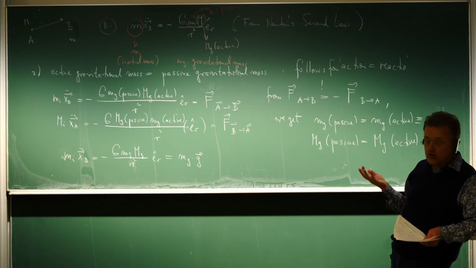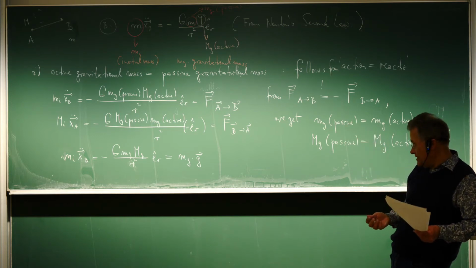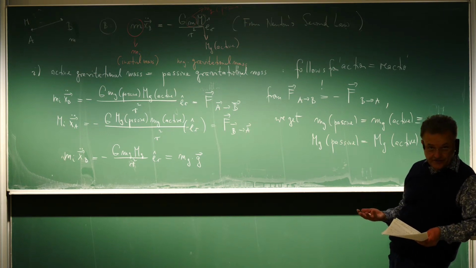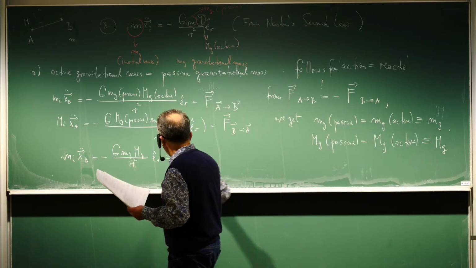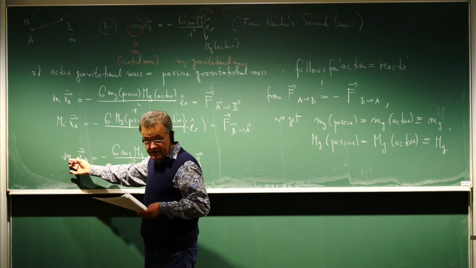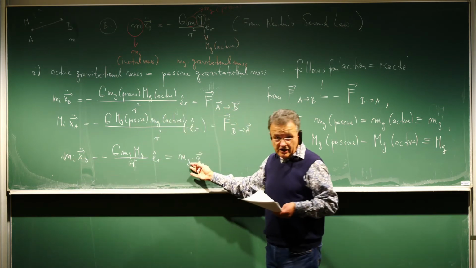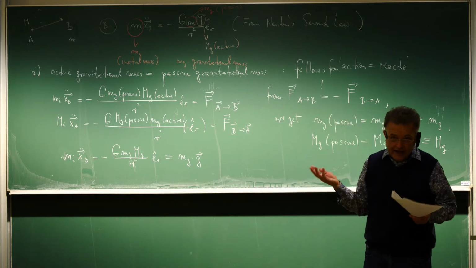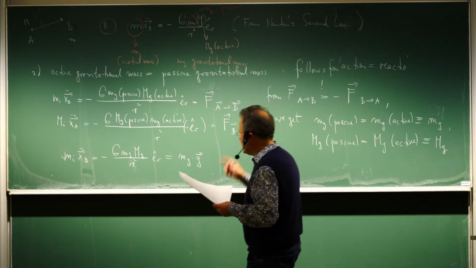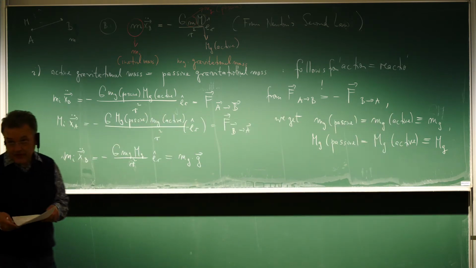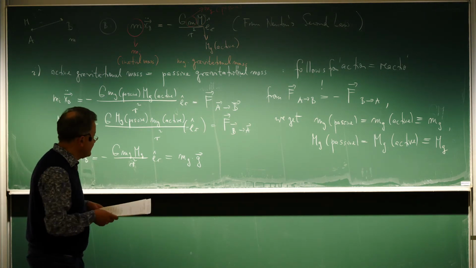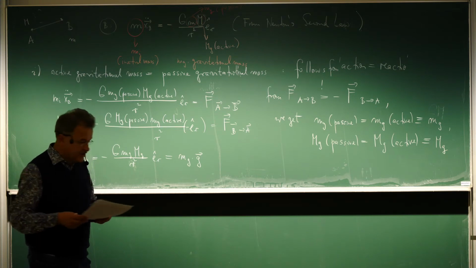You can build the whole edifice of Newtonian gravity on this, and you would not arrive at an inconsistency. Because like in electrostatics, or electrodynamics, you have mi of a charge, but here you have the charge, and of course you have the ratio e over m, which depends on the particle. But the surprising feature is that all experimental evidence says that mi is equal to mg, which we have used already in the last lecture.